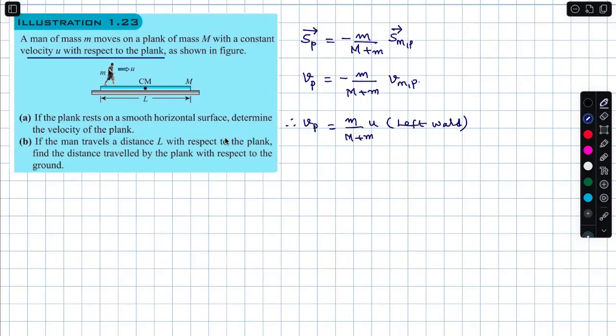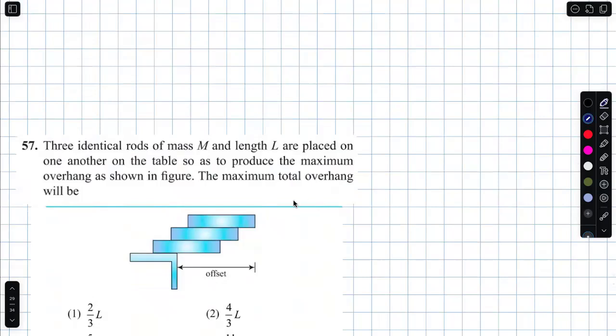Already I have answered here. Displacement of the plank is small m by capital M plus small m times L leftwards. I think it is done. Repeated question. Okay.